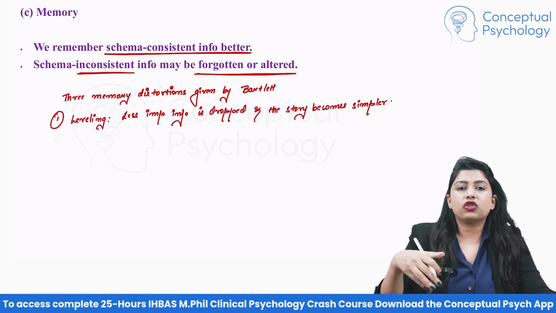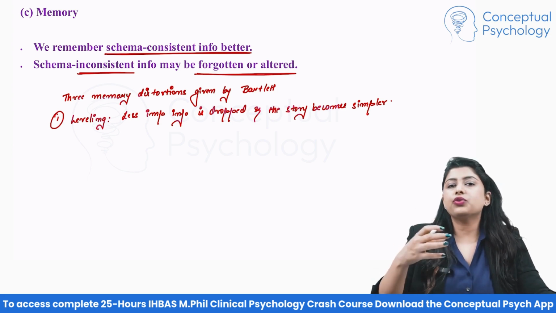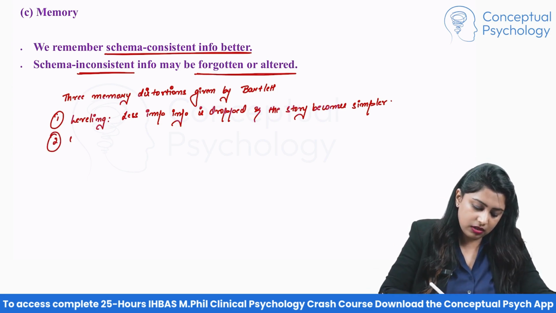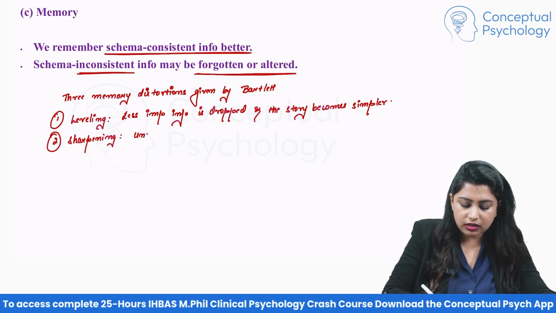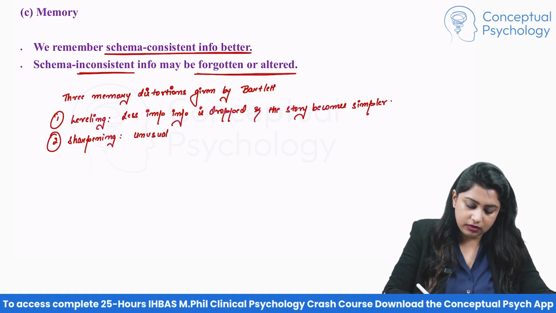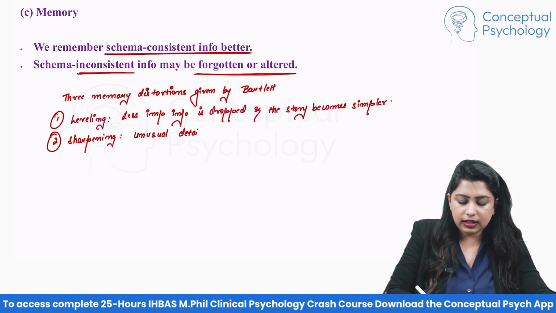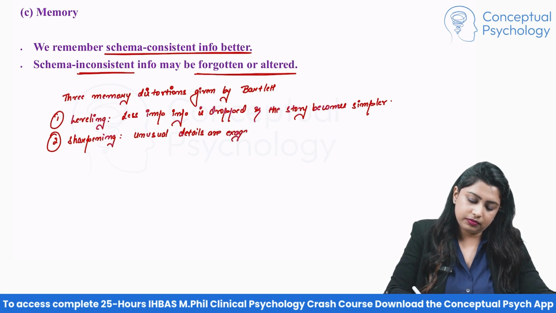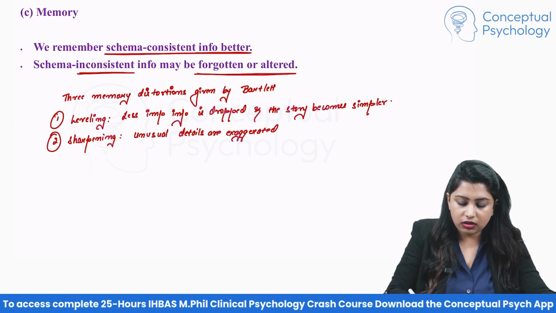The second is sharpening, which is where the unusual details are exaggerated. This is the second distortion.